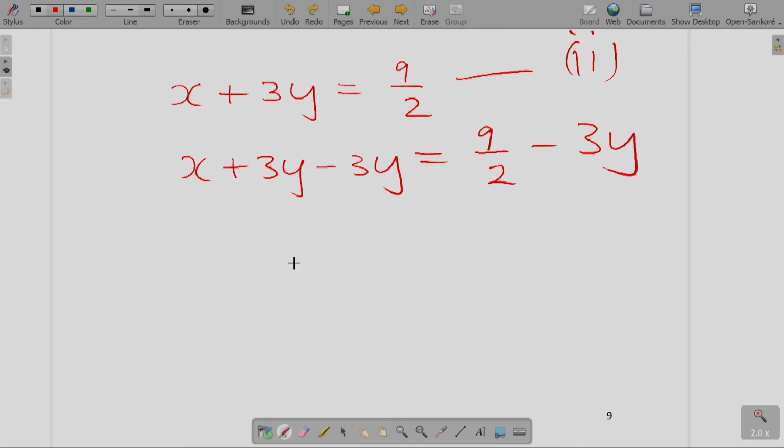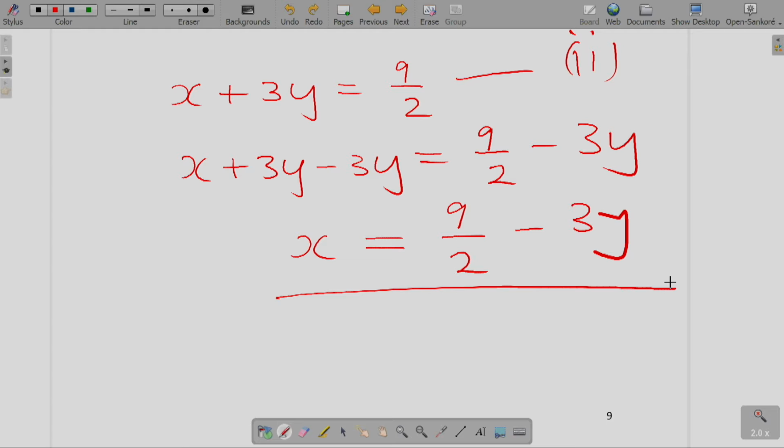So 3y minus 3y equal to 0, so it will remain only x equal to 9 over 2 minus 3y. So we got x equal to 9 over 2 minus 3y.